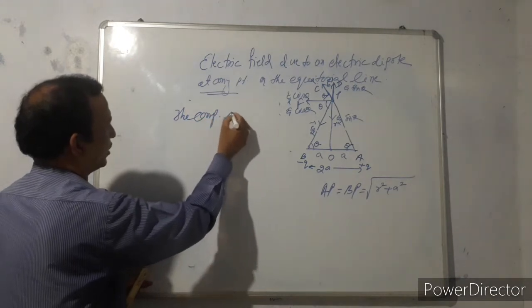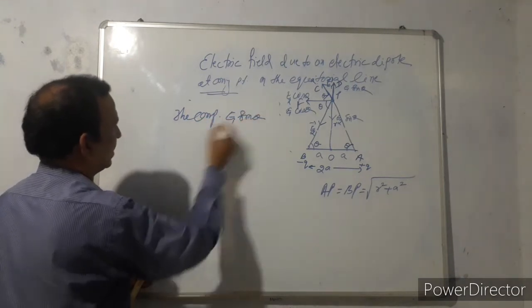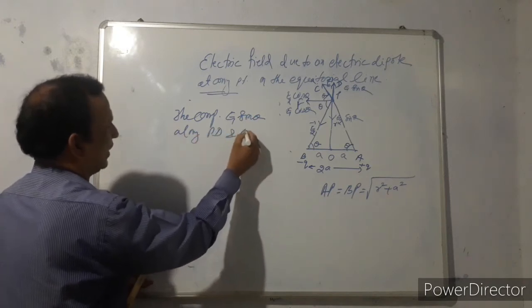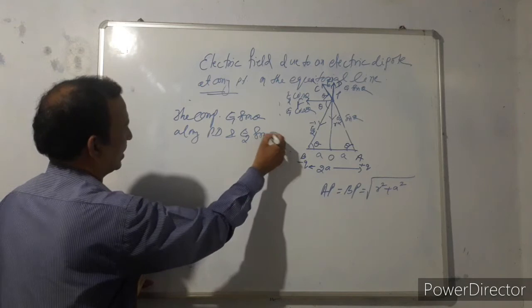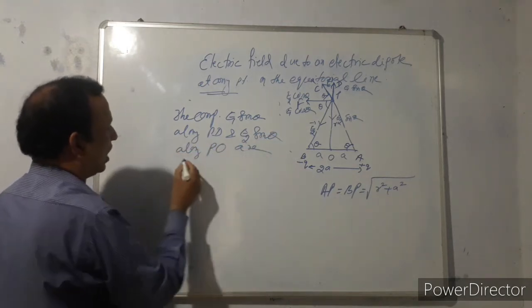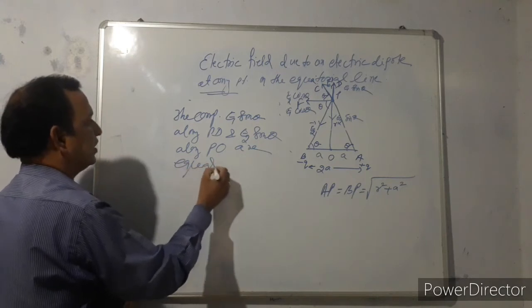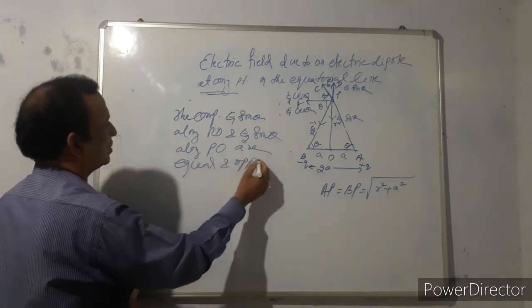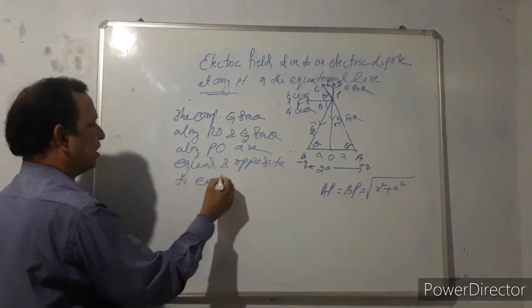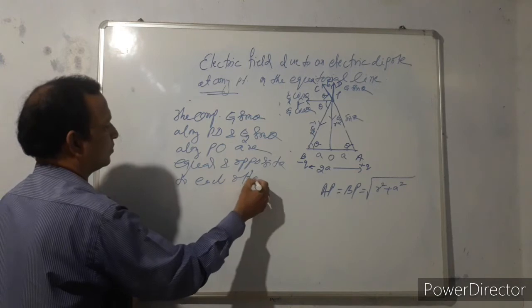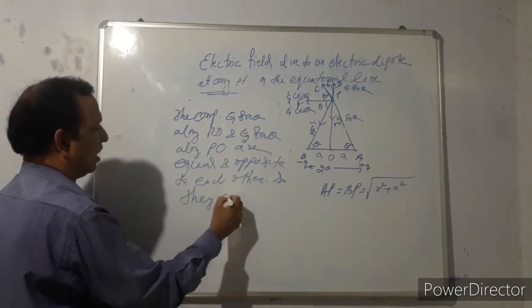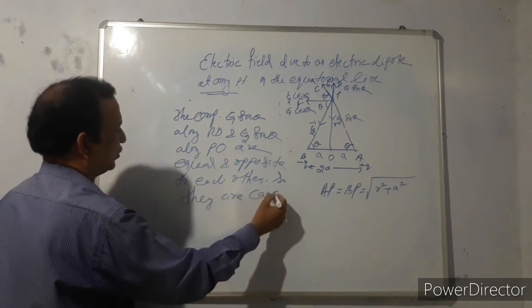The component E1 sin theta along PD and E2 sin theta along PO are equal and opposite to each other, so they are cancelled.